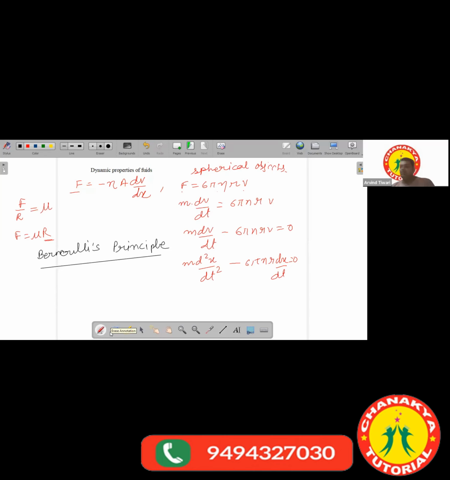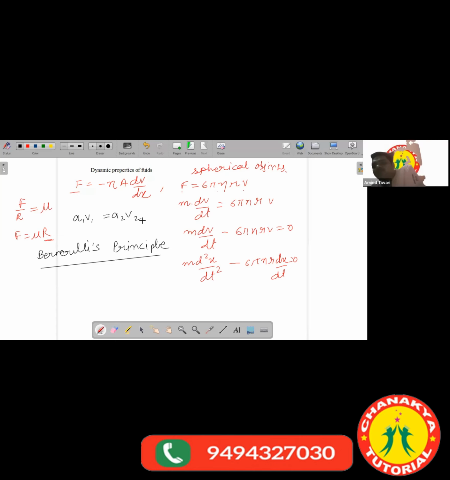First, we will discuss the equation of continuity. The equation of continuity states that for a laminar flow, A1 V1 should be equal to A2 V2. And if the flow is turbulent, not laminar, then this equation will not hold.